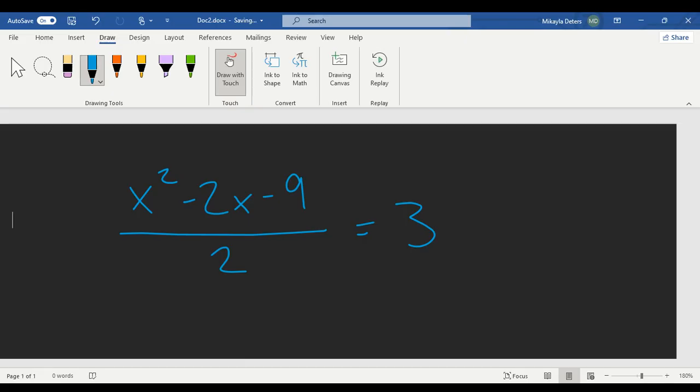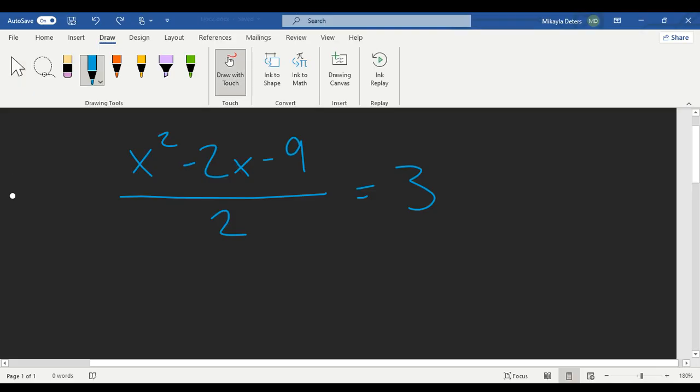And in this equation, the first step that we're going to go through is multiplying both sides by 2 because we have that denominator of 2 right here. We know the end goal of this is just to isolate x to find out what it's equal to. So multiplying both sides by 2, we end up with x squared minus 2x minus 9 is equal to 6.